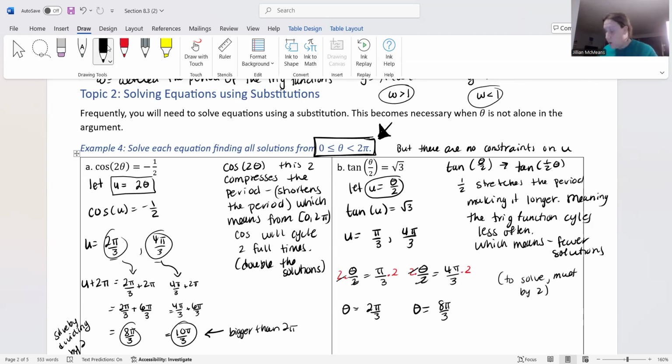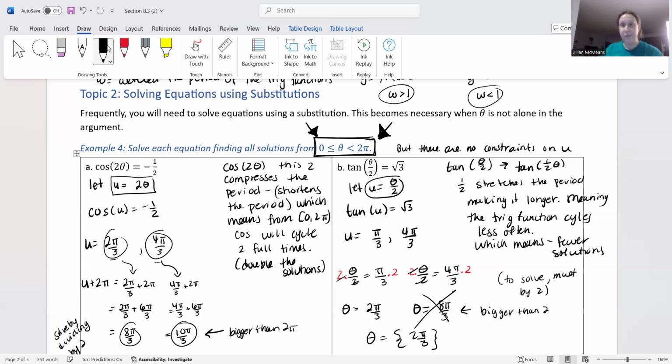So I know that 2 pi over 3 is less than 2 pi, but is 8 pi over 3 less than 2 pi? The answer here is this is bigger than 2 pi. So it's outside of that domain that we set here. So we just want to toss that one.